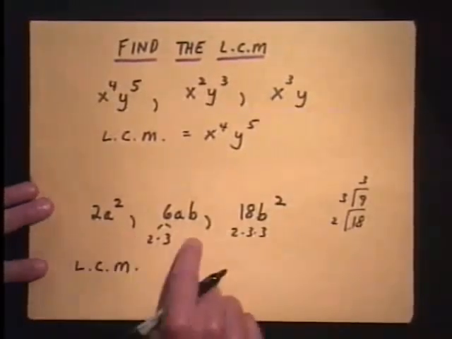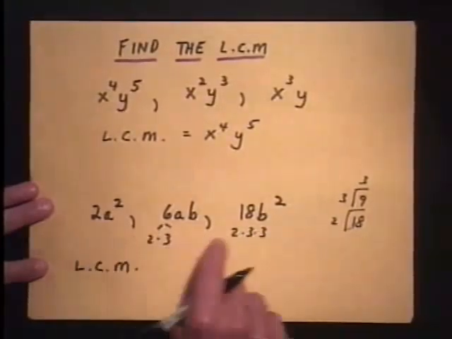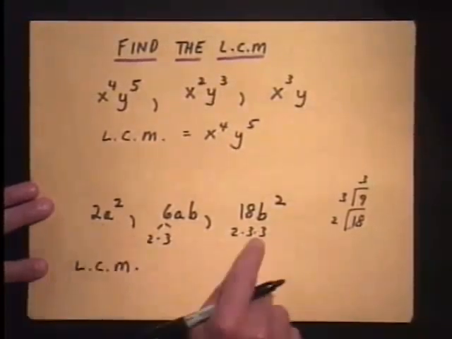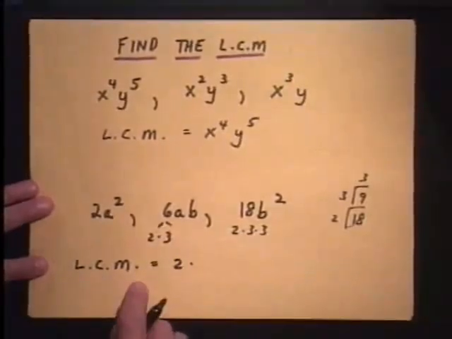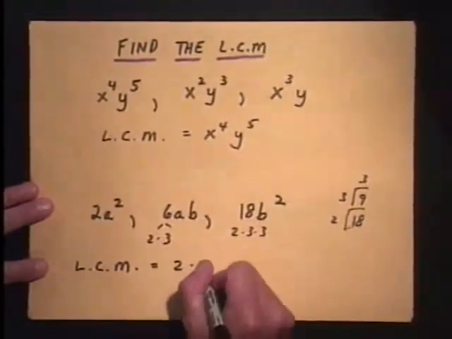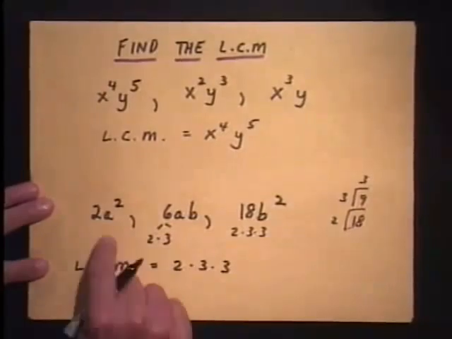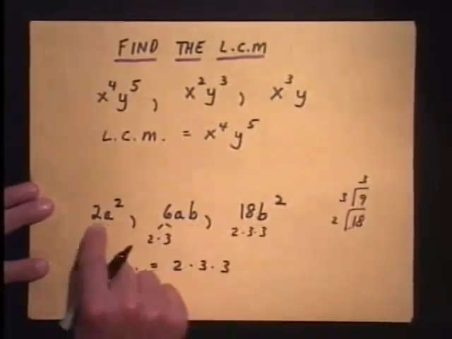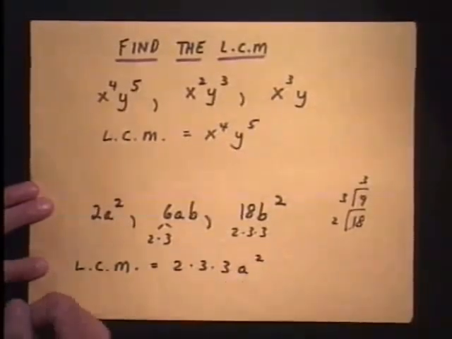So now let's look at these three monomials now that I've got the numbers broken into primes. Which one has the most 2's in it? Well, they all have 1, so 1, 2 goes into our LCM pot. All right. Which one has the most 3's? The 18 has 2. So we'll put that in and stir it up here real good. Which one has the most a's? We'll go to variables now. 2 a's in the first monomial, so we'll put a squared in there.